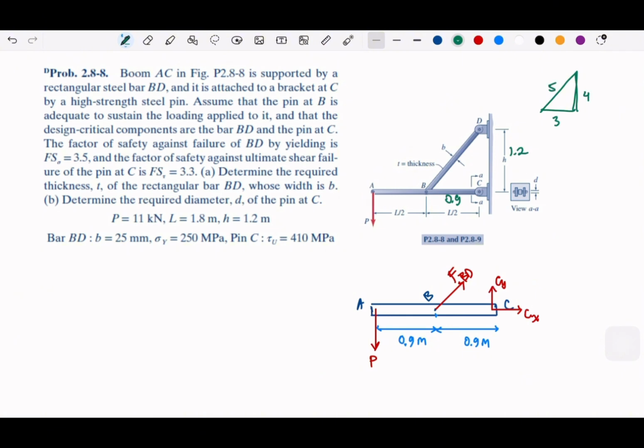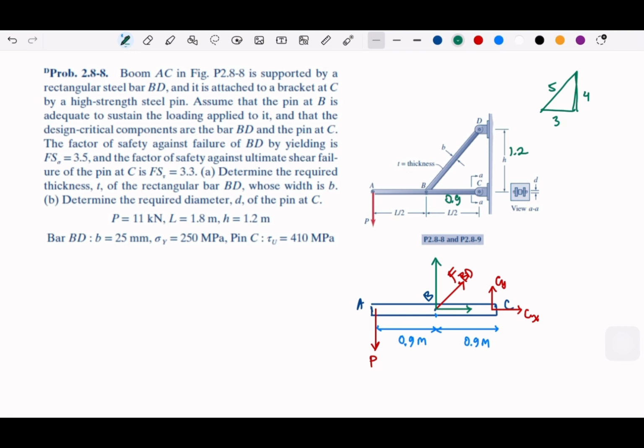So we can use this triangle to assemble the components for FBD in sine and cosine, right? Here is the sine component, and this is the cosine component. Just to name all the possible forces.